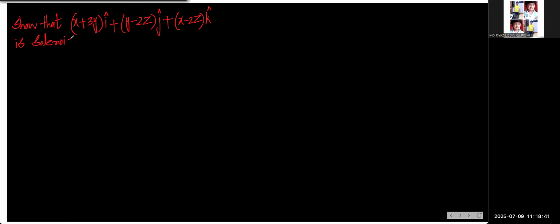Solenoidal means you have to show the dot product value will be 0. So we assume this one as F first of all.